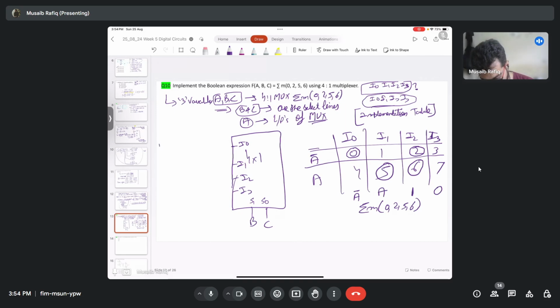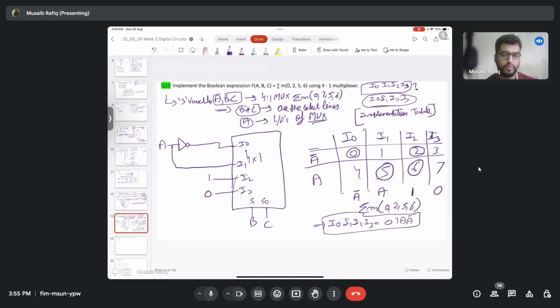So what I have here is A that goes to an inverter, A bar goes to my I0, A goes to I1, I2 is 1 and I3 is 0, right? So that implies I0, I1, I2, I3 is equal to A bar, A, 1, 0.